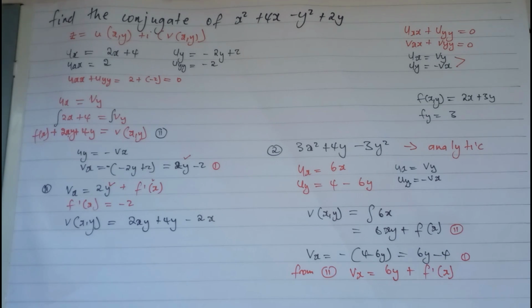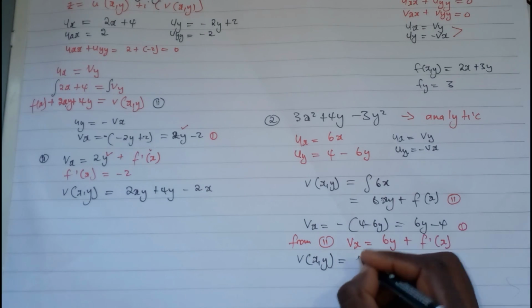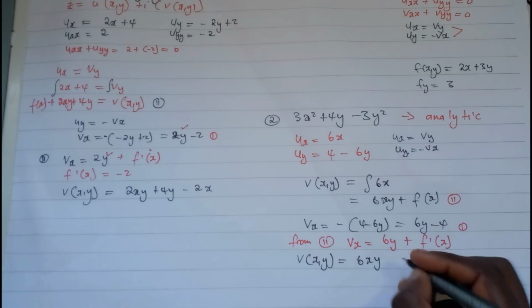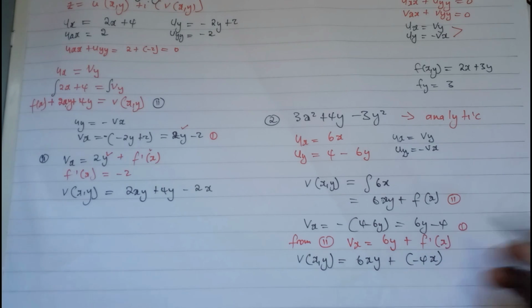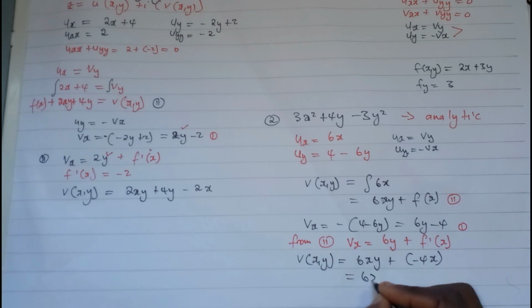So that means we can compare them: 6y, f prime of x, and negative 4. So we're going to say v of xy is equal to 6xy plus negative 4x. If we integrate f prime of x, we just add the x, and if we have 0, it's going to be 0. So we have 6xy minus 4x. Now we're going to another question.